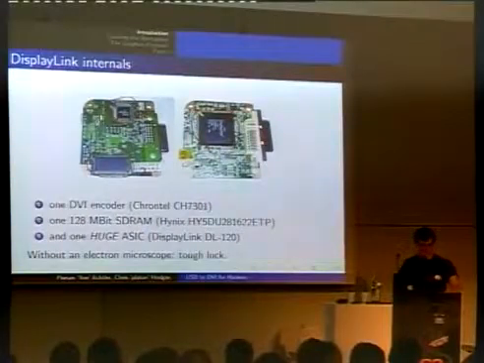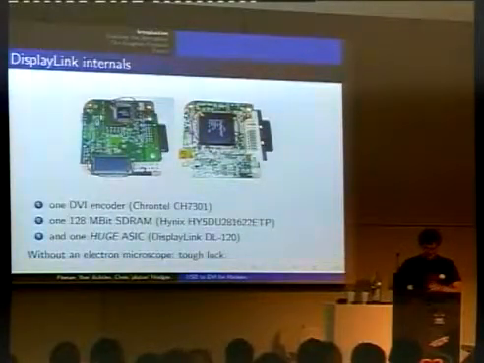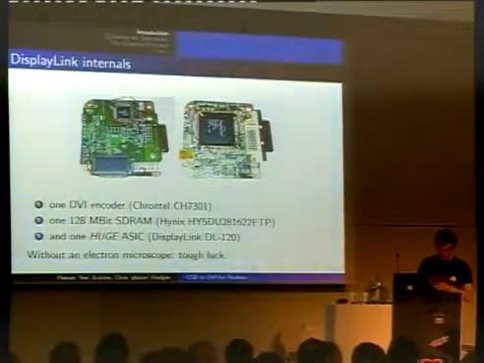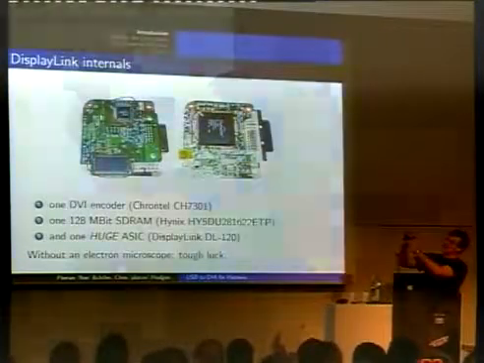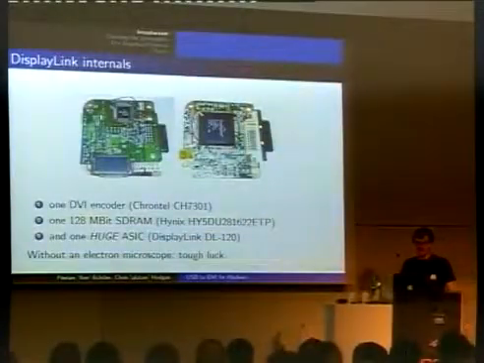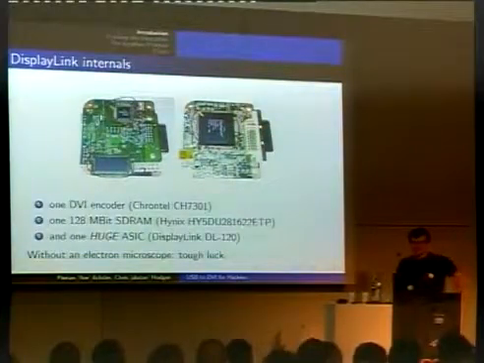So of course we cracked the device open and had a look inside and found exactly 3 chips. One really, really big ASIC, which you can probably see here if you look hard enough, which is this one, and besides just the DVI encoder and DDR RAM.